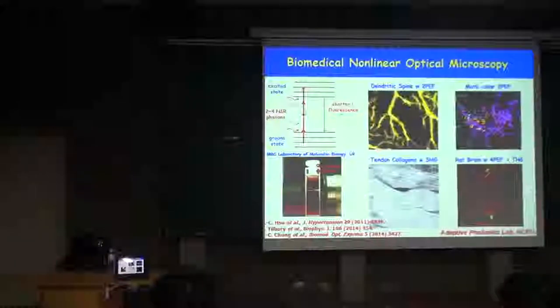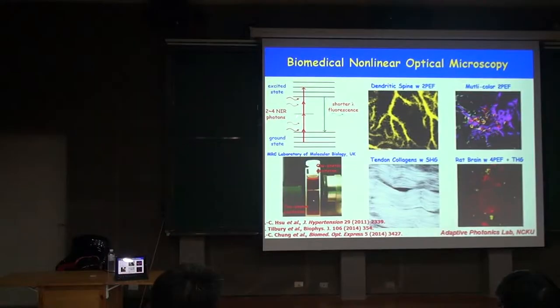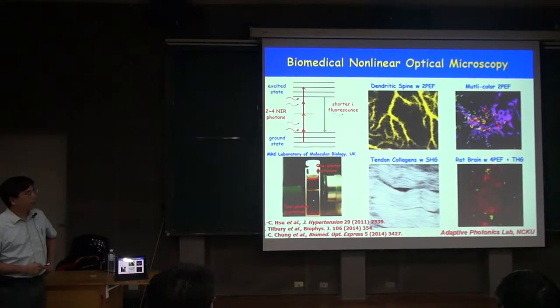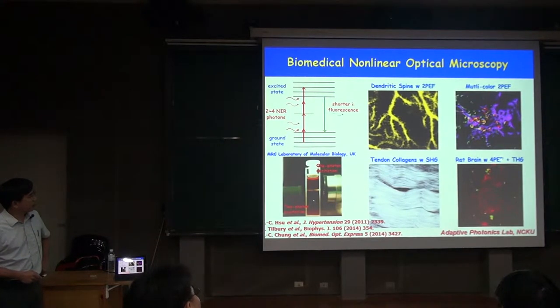If you increase your wavelength from maybe 800 nanometers to more than 1500 nanometers, the electron can simultaneously absorb four photons, which can provide you the four-photon image or the third harmonic generation.